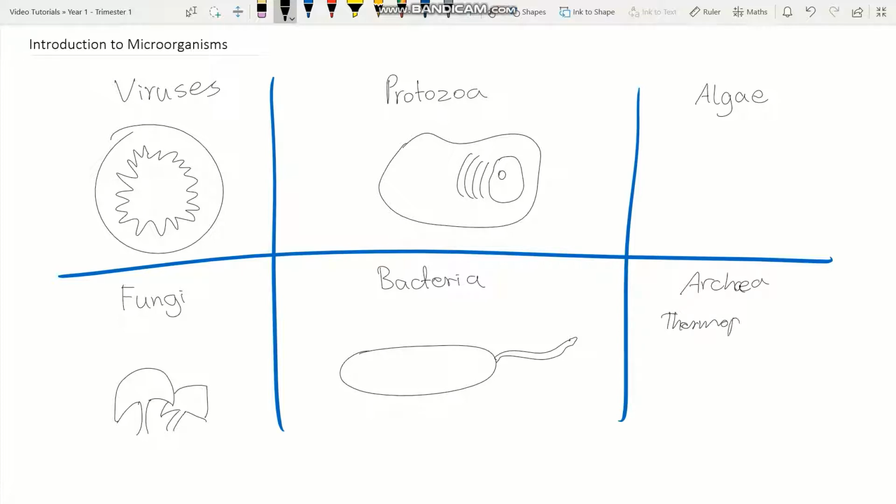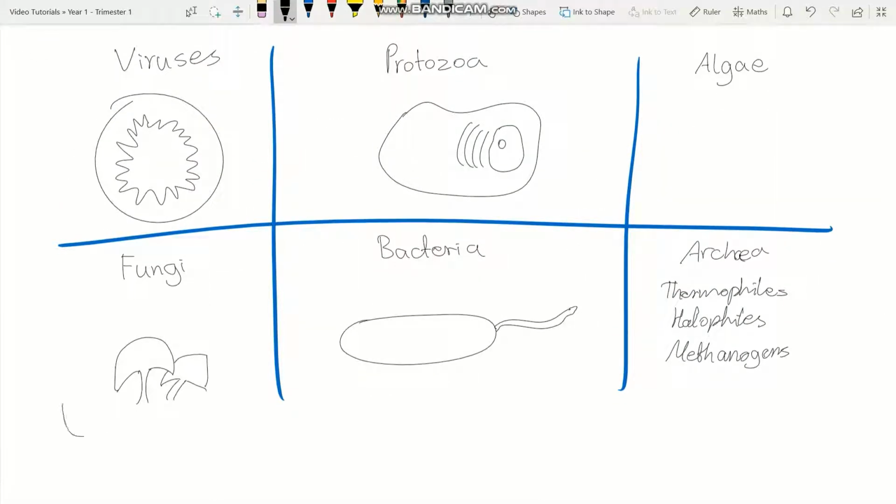They can also live quite happily in highly salty environments, in which case they're called halophiles. And they can also live in areas of low oxygen, where they can make methane, in which case they're called methanogens. So, microbes. These are the 6 types.